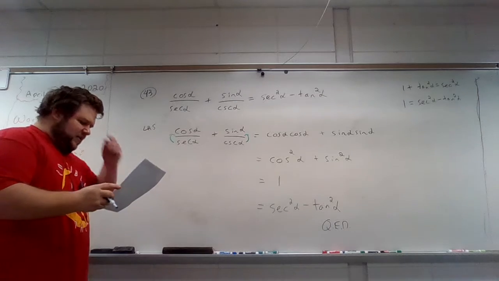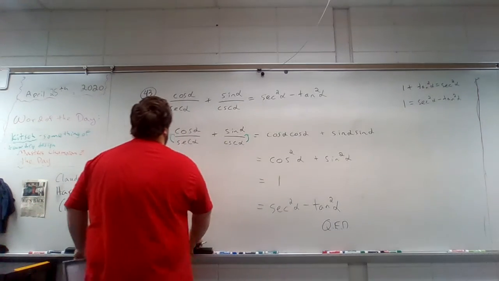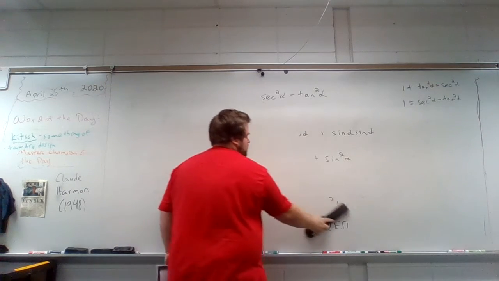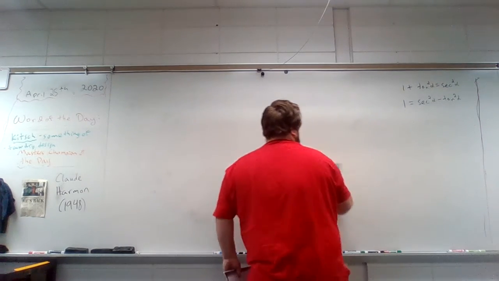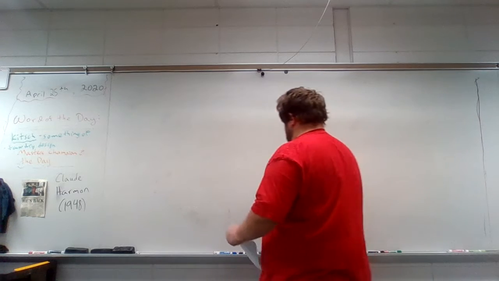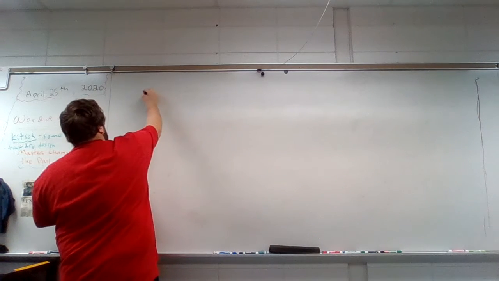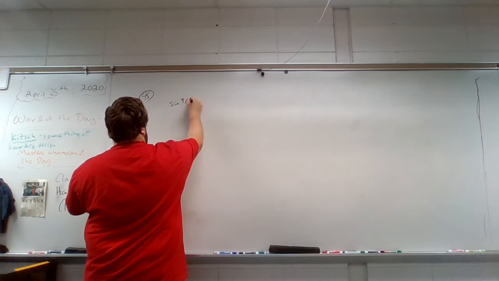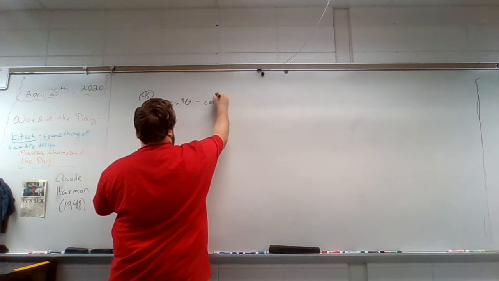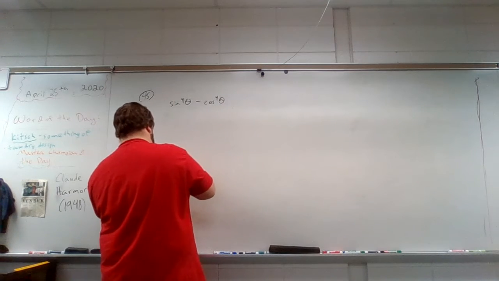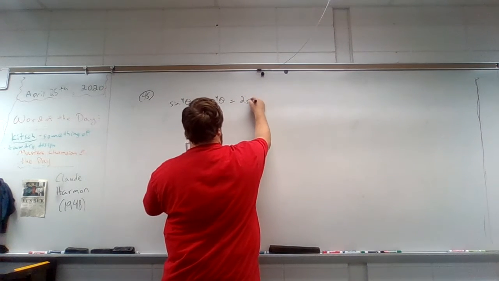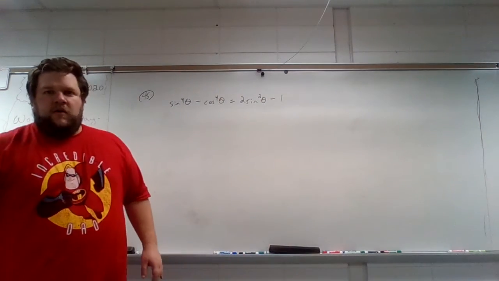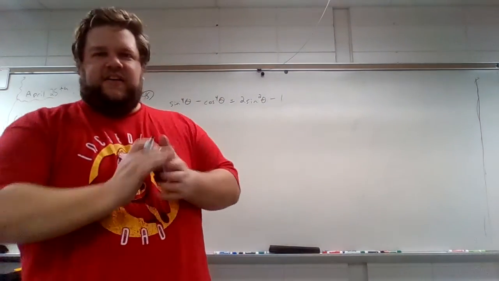Okay, number 45. So this one I've got sine to the 4th theta minus cosine to the 4th. I want to show that that is 2 sine squared minus 1. So I picked the left-hand side.